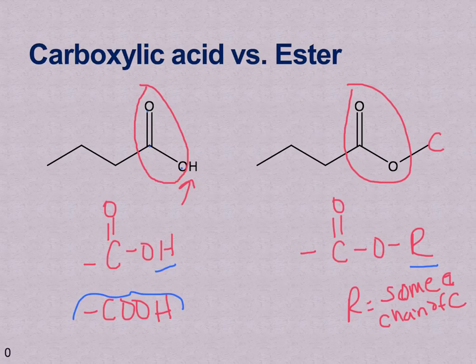Similar for the ester, we'll see that represented as COOR, and whatever that R group happens to be. So this shorthand, this condensed formula, means we have this. It does not mean we have a carbon attached to an oxygen bonded to an oxygen bonded to a hydrogen. So anytime you see this, know that it really means this.